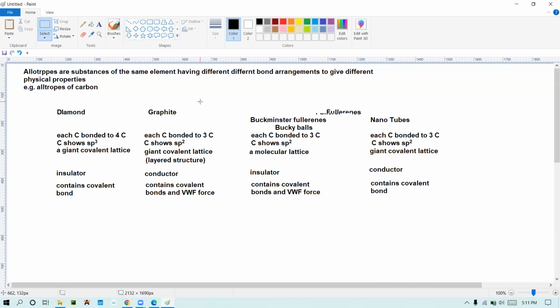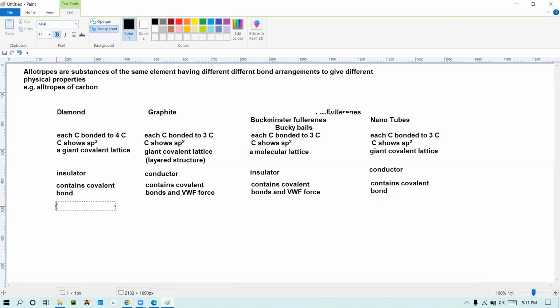If you talk about melting points and boiling points, diamond has a high melting point. You don't have to talk about boiling point when you talk about high melting point. So high melting point is for diamond. For graphite also, high melting point.